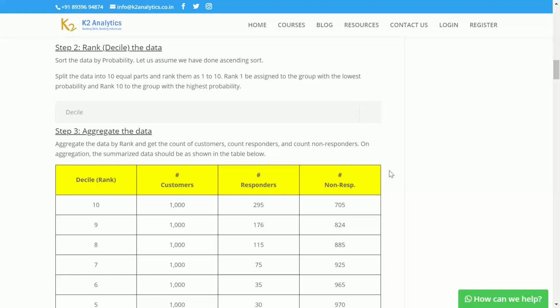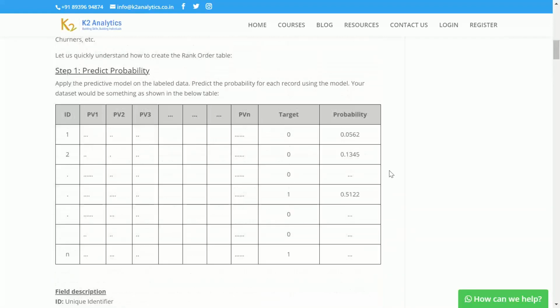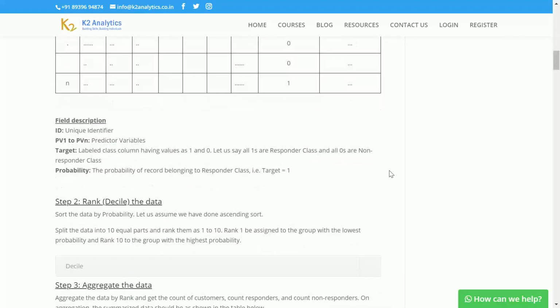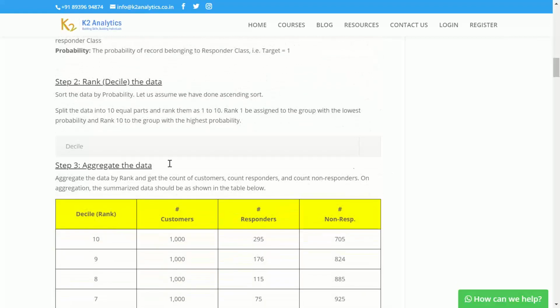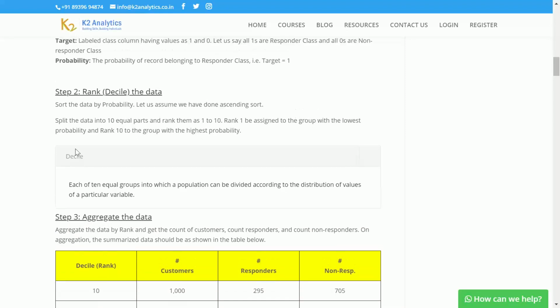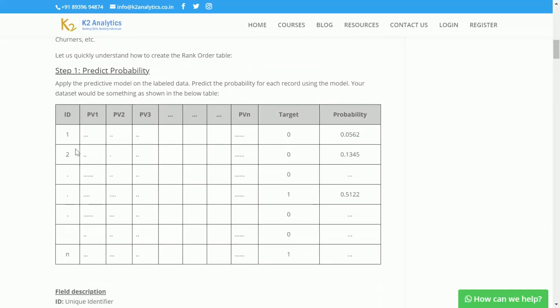What we'll do is we'll take this probability column, create deciles, and add a new column, rank, where it will say rank 1, 2, 3, 4, 5, 6, 7, 8, 9, 10, something of that kind. So here you can visualize that I will sort the data based on probability.